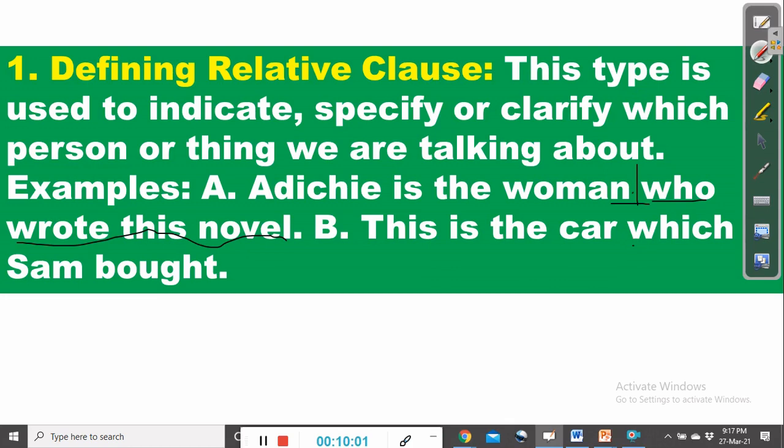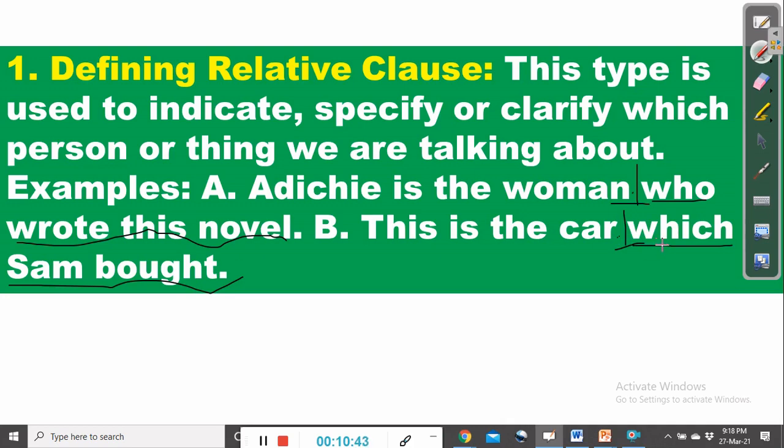This is the car which Sam bought. Which Sam bought is the defining relative clause. And so, using the same border principle, we put a full stop here between car and which. When we say this is the car, the listener is not satisfied with this information. The listener wants to know about the car that the speaker is talking about. And that is exactly the work of the defining relative clause.